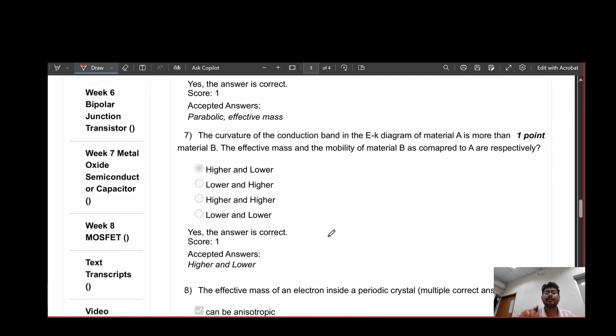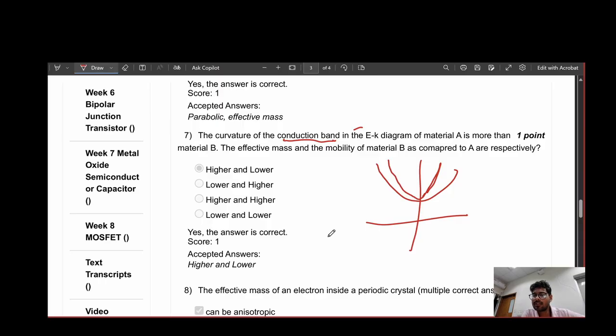The curvature of the conduction band in the E-k diagram of material A is shown here. This is one curvature, and this is another curvature. The curvature d2E by dk squared of the conduction band of material A is more.